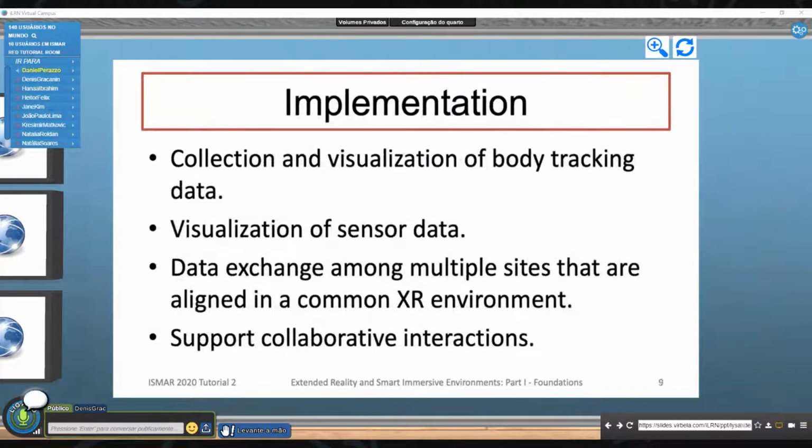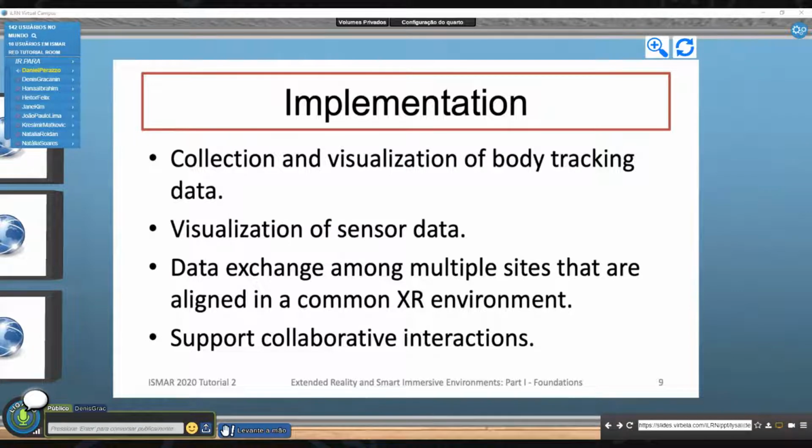So how can we implement something like that? Well, first of all, we need to collect and visualize body tracking data, because primary information about the user in the physical world is where the user is located, what the user is doing in terms of gesture, movement, and so on.